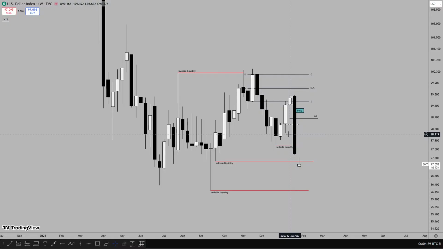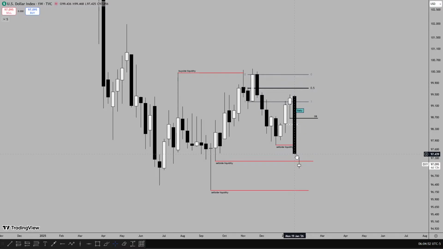But looking at it from an individual week, what is price going to do this week? Seeing the price open and take out the previous week low, looking at this bias, drawing out the previous week low, using the weekly time frame, trading to a point of interest where I will be anticipating lower prices.